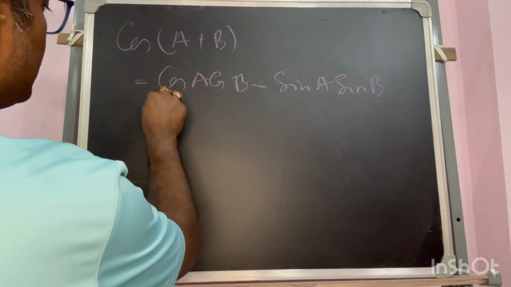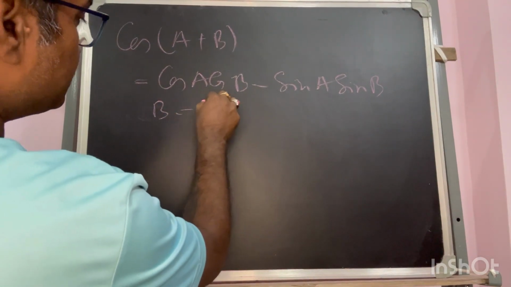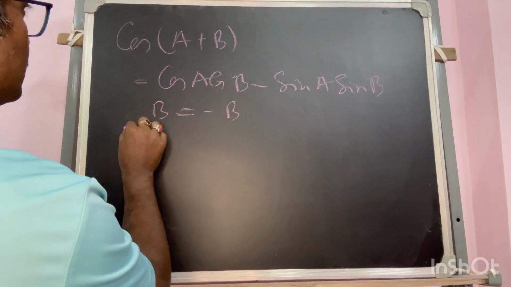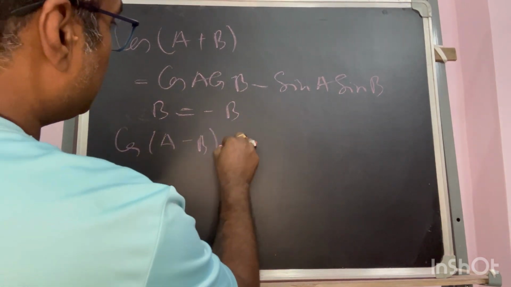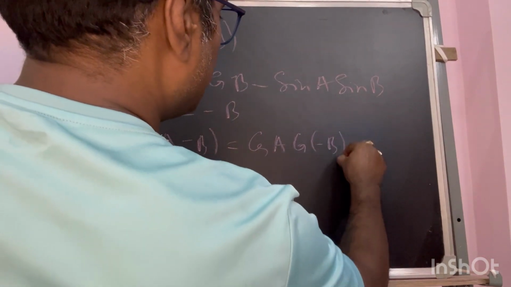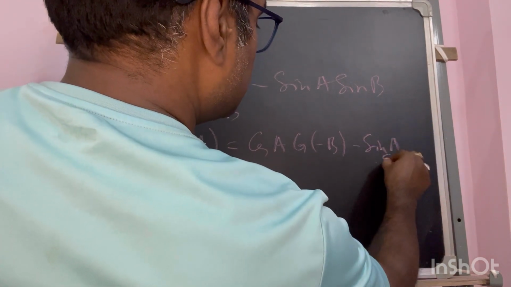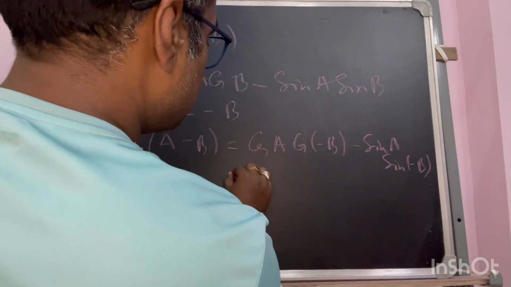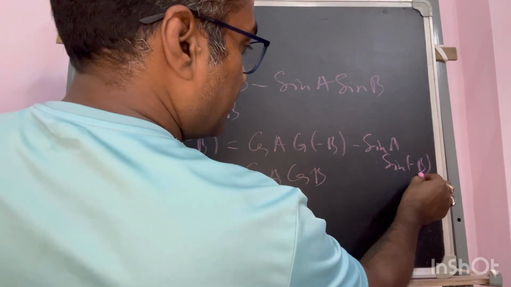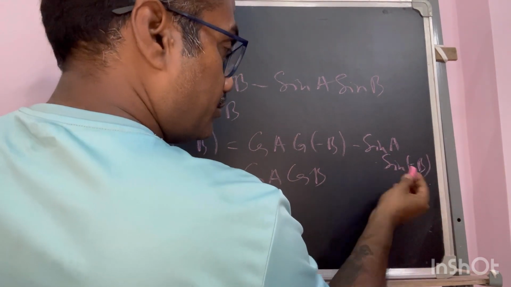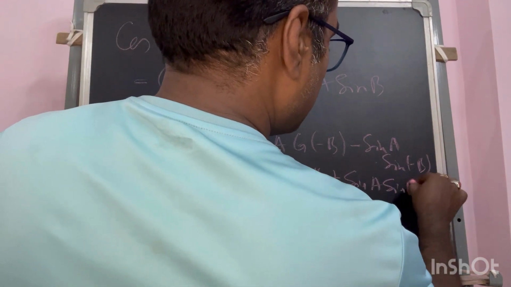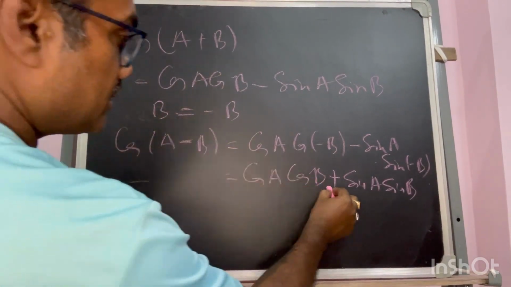Okay, now if I put B equal to minus B, instead of going the geometric way, if I put it here, so for cos of A minus B, here for B I have to put minus B, and here sin A into sin of minus B. So cos A cos B won't change its sign, but sin of minus B is equal to minus sin B, so this sign will change to plus, and it will become cos A cos B plus sin A sin B. Now see, when there is a minus in between, the sign here is positive.